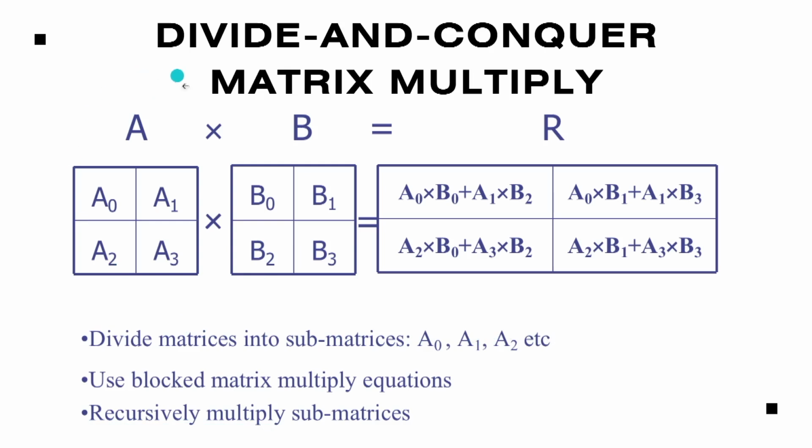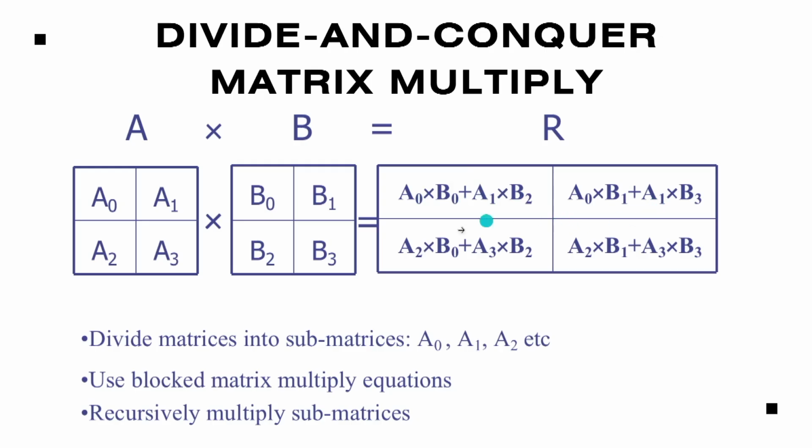So, here let us consider how we could use divide and conquer on matrix multiplication. Given an array A and an array B, both of them are 2 dimensional arrays, so we say them as matrices. Both of them are square matrices, and we have partitioned A into 4 subpartitions and B into 4 subpartitions, and for each of the partitions we are applying repeated multiplication and addition in order to get the final results.